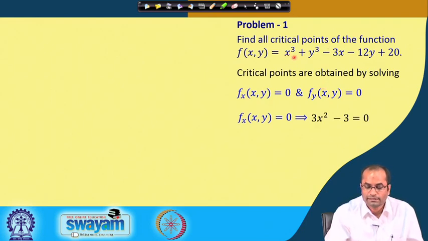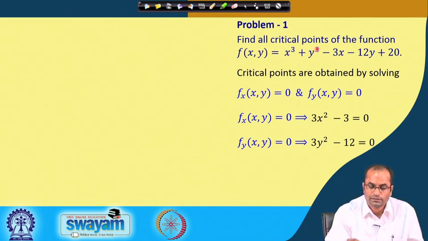So, with respect to x we have 3x^2 - 3, which we set to 0 to find the critical points. Similarly, when we take f_y, we have 3y^2 - 12 equal to 0.